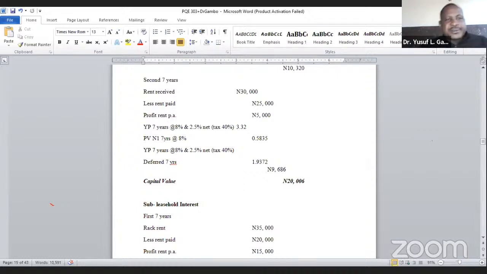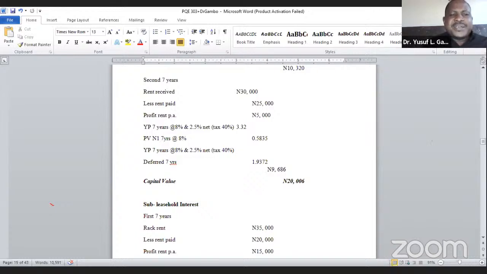Then the second 7 years, rent received in the question is 30,000 naira, less rent paid is 25,000 naira from the question. Now, profit rent, you have 5,000 naira. Then YP 7 years at 8% and 2.5% tax at 40 gives you 3.32.